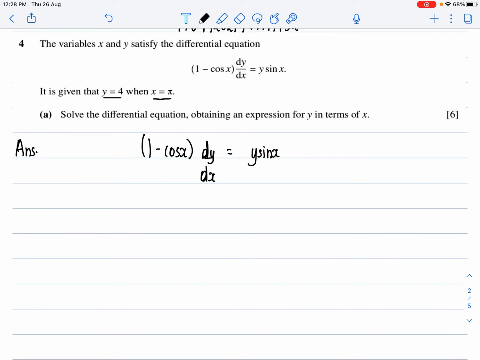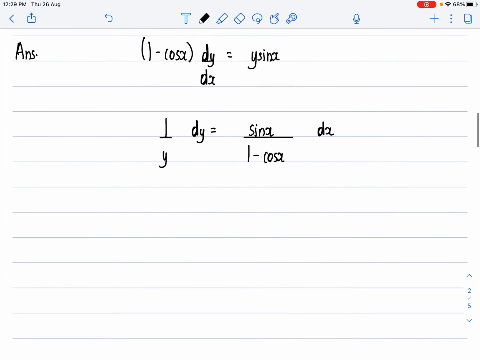So I can write this as 1 over y dy, which is equal to sin x over 1 minus cos x dx. This is the variable separable form. Now I simply integrate both sides.